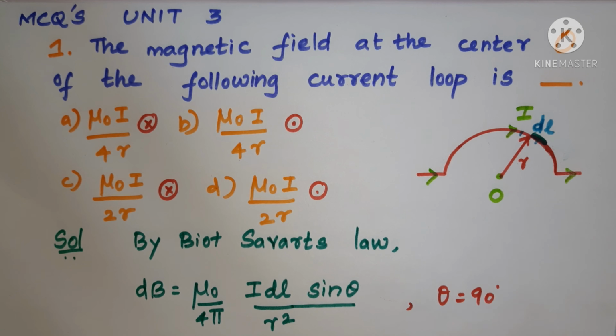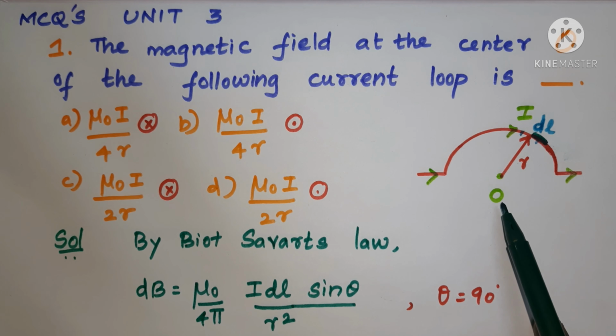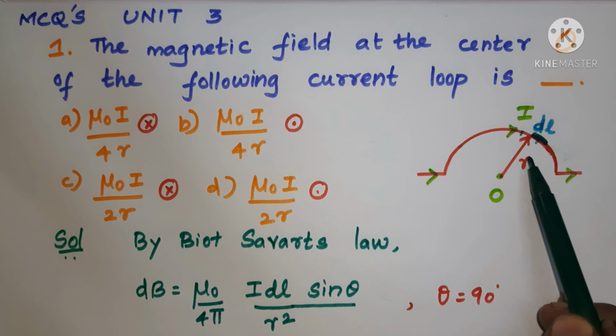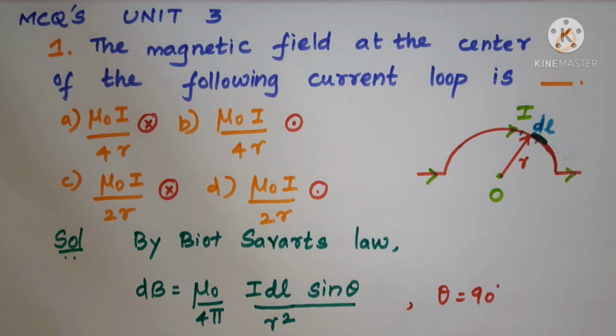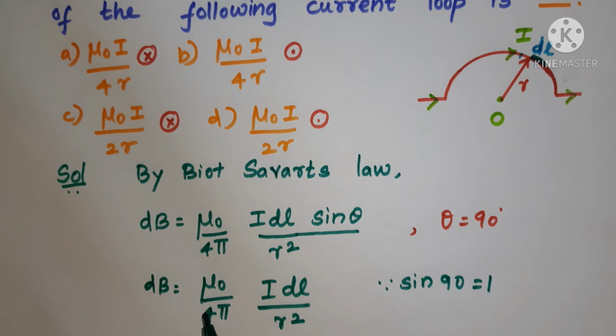Here, the angle between the current element and the distance r from the center point O is 90 degree. So we write theta is equal to 90 degree, and put sin 90 instead of sin theta. Since sin 90 is equal to 1, dB is equal to mu naught by 4 pi I dl divided by r square.